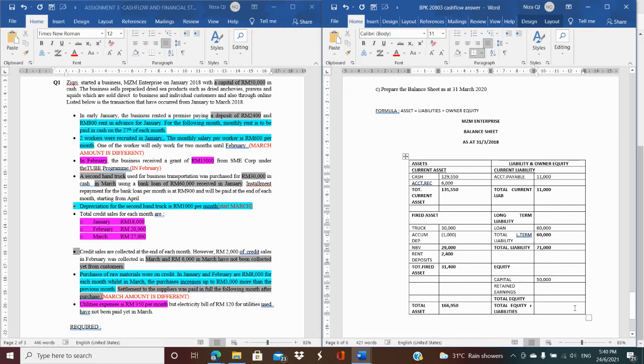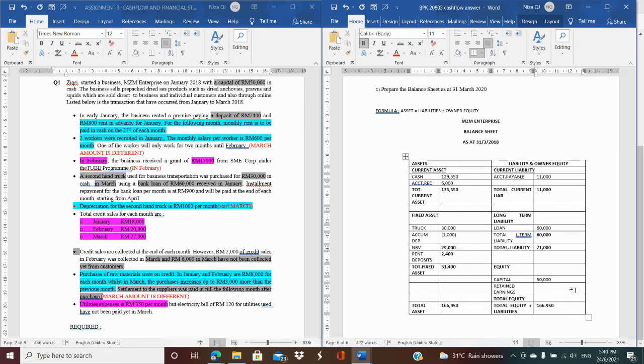The total equity plus the liability you must get is 166950. So I'm working backwards. But actually you have to see whether it's the same, because if it's not the same, then there must be some information that is being missed out. So I'm going to work backwards.